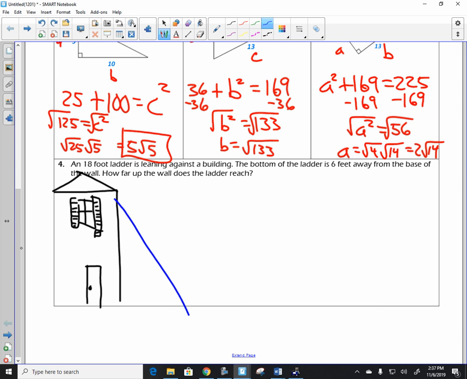I got a ladder, measures 18 feet. It says that the base is 6 feet away from the wall. The question is, how high up the building does the ladder reach?